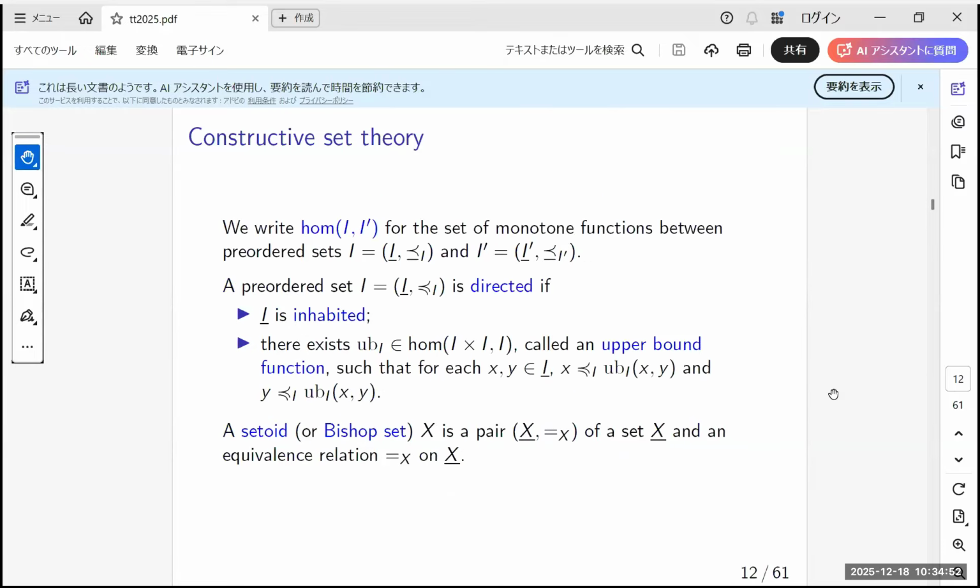And this is the notation. We write Hom(I, I′), where I and I′ are preordered sets, for the set of monotone functions between I and I′. And a preordered set is directed if the underlying set is inhabited, and there is a monotone function which gives an upper bound of 2 elements. And a setoid or Bishop set is a pair of a set and an equivalence relation on the set.